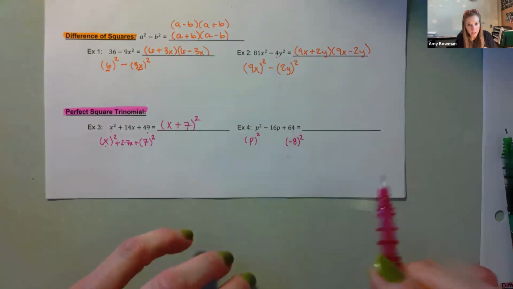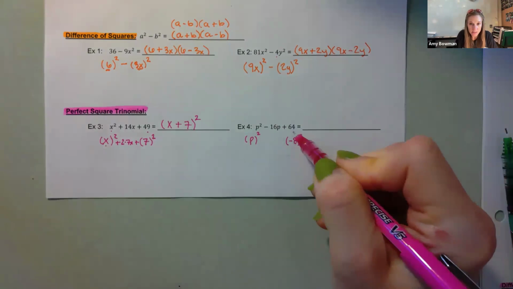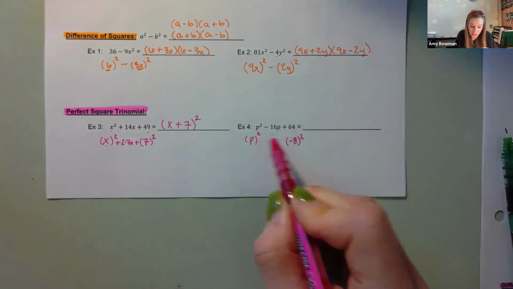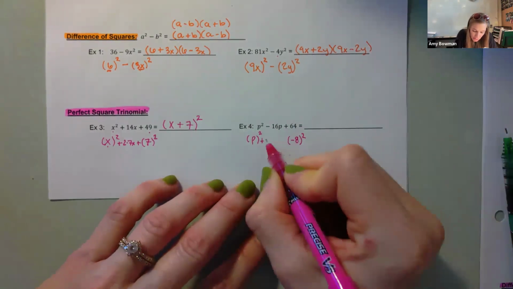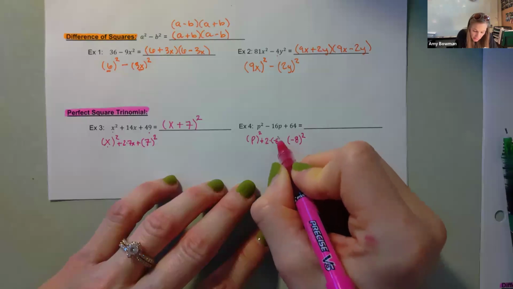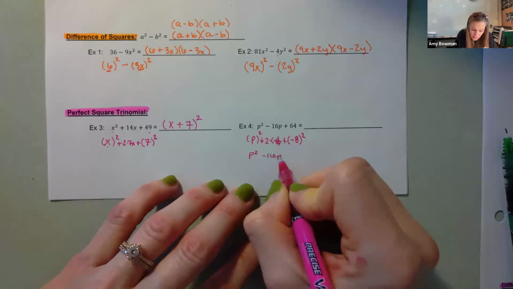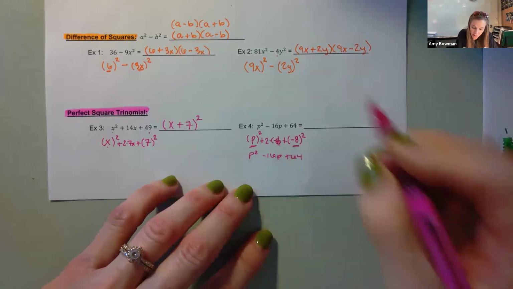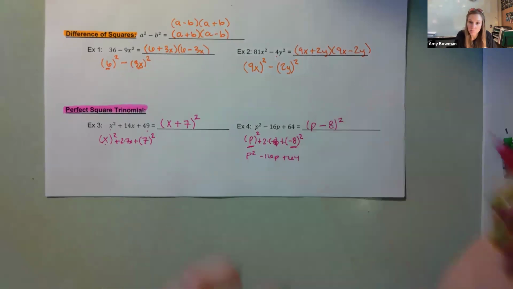So that's an extra little tricky step, because technically you can square positive or negative 8 to get 64, but it must be negative 8 if this is negative 16p, because that middle term now will be 2 times negative 8 times p. So that's where the p squared minus 16p plus 64. So those two terms, p and the negative 8, that's going to be how these factor. So p minus 8 squared.